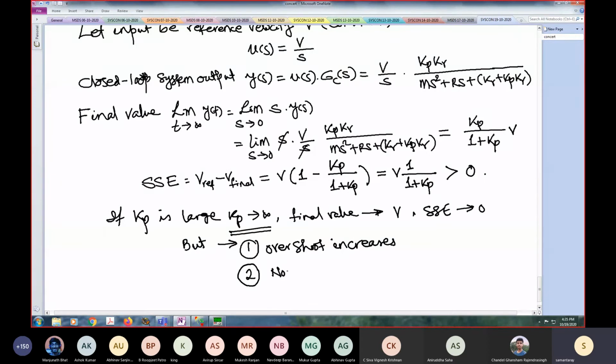Second thing is noise gets amplified. All kinds of sensors obviously have some noise, and if you use high gain, that noise will be amplified. And number 3, system may become unstable.